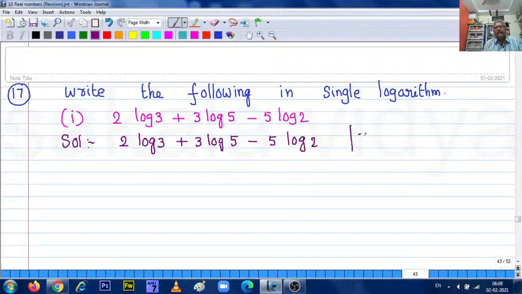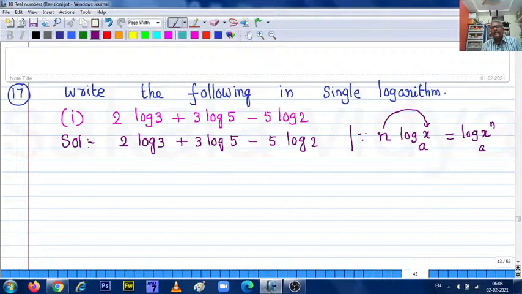What is the formula? See, n times log x to the base a equals, take power back. This becomes log x to the power of n to the base a. Log x to the power of n to the base a is n times log x base a.